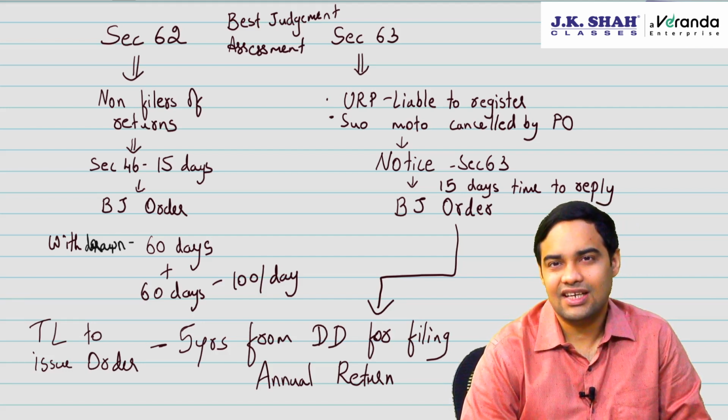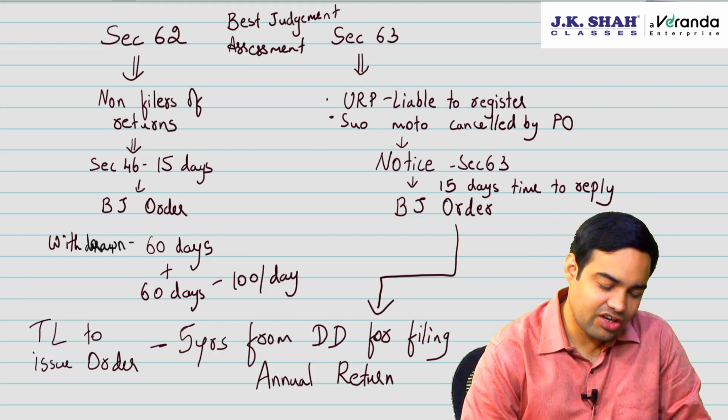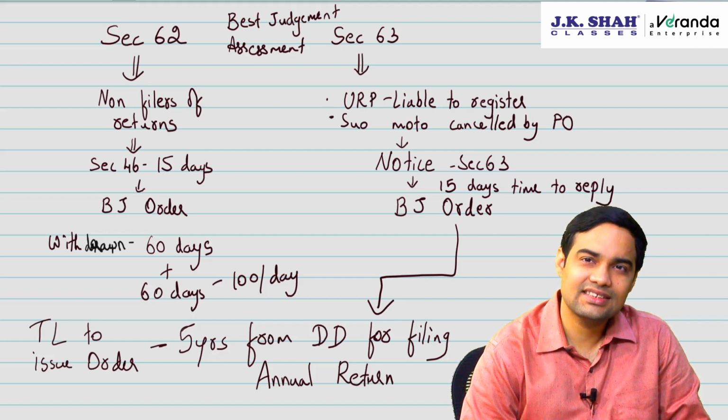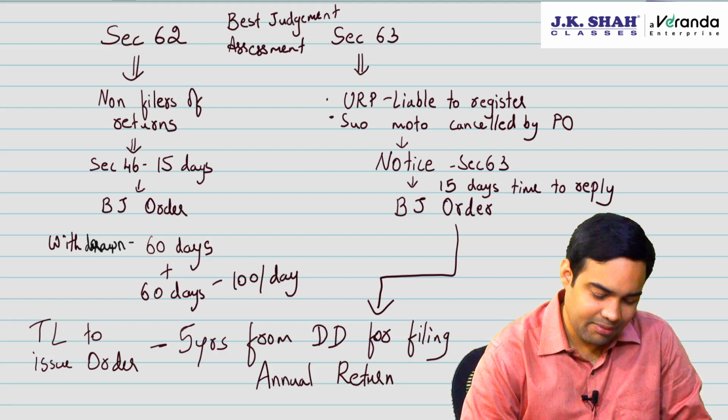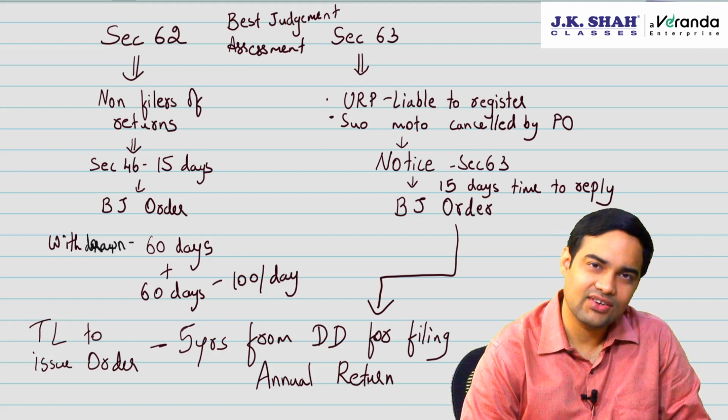If still it has not been done, then best judgment order will be passed. It can be withdrawn if you file the returns within 60 days plus another 60 days time. If second 60 days is applicable, then 100 rupees per day is the late fee. Time limit to issue order 5 years from the due date for filing annual return.